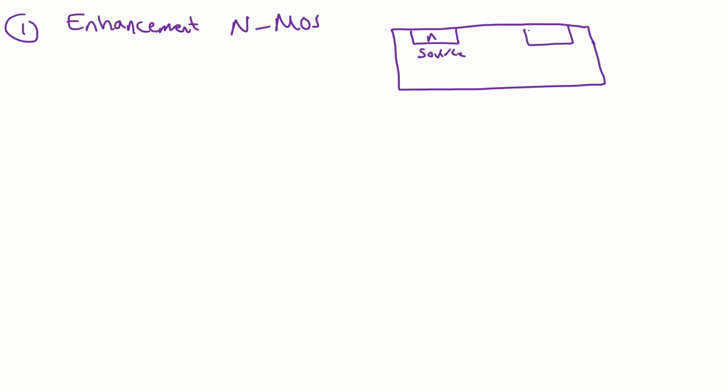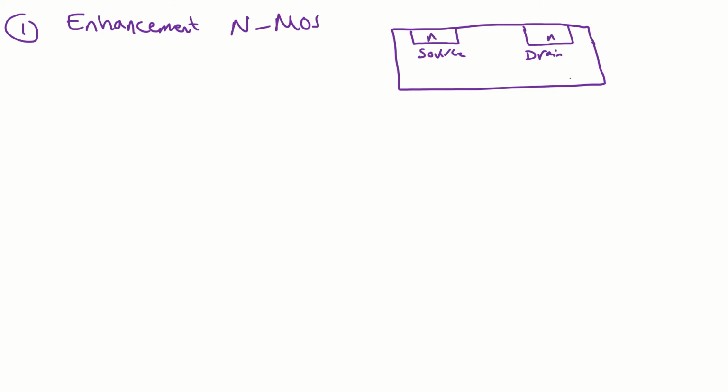Since we have to have a channel between the source and the drain, and this channel should be N-type, this is the source and this is the drain here. Now how we fabricate all those regions, I'll explain at the right time. Here we have the drain, and again it should be N-type.